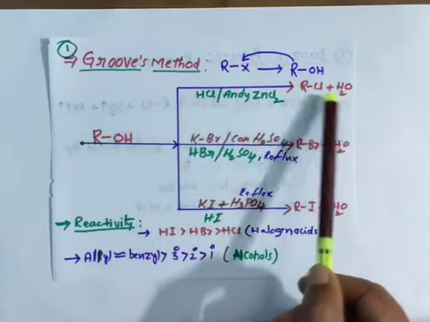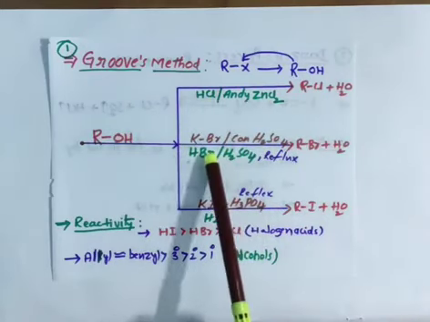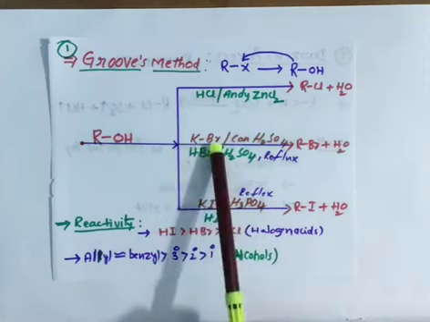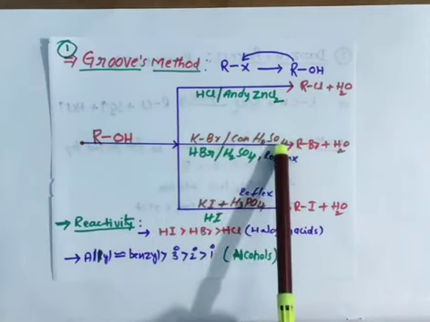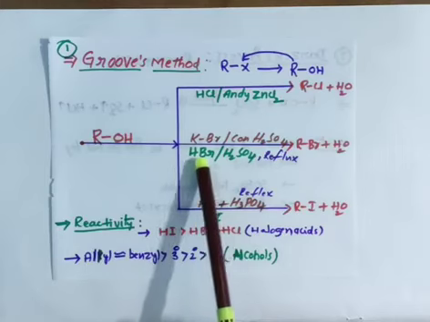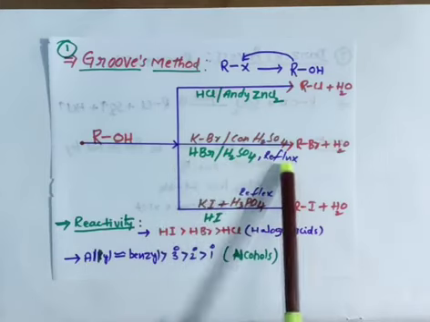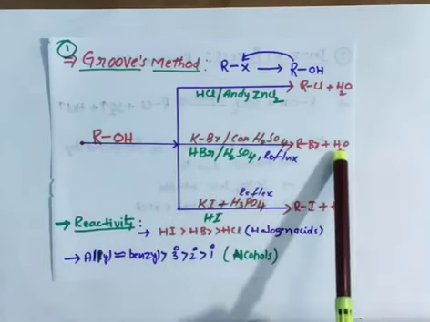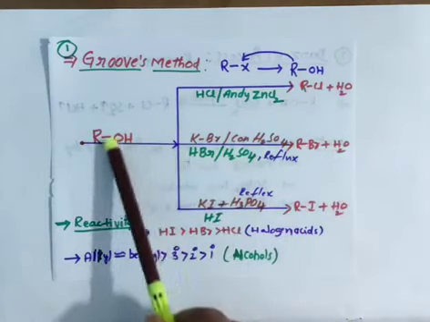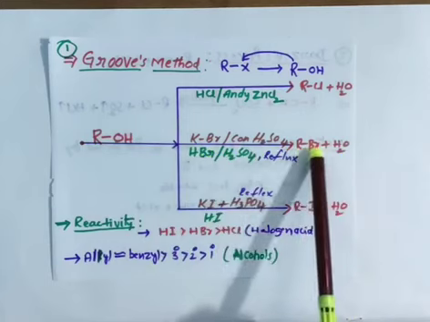Then you are getting RCl. In a similar manner, if you take KBr in the presence of concentrated sulfuric acid, or HBr, sulfuric acid, reflux, the OH group and hydrogen are removed as a water molecule, and this is replaced by bromine.